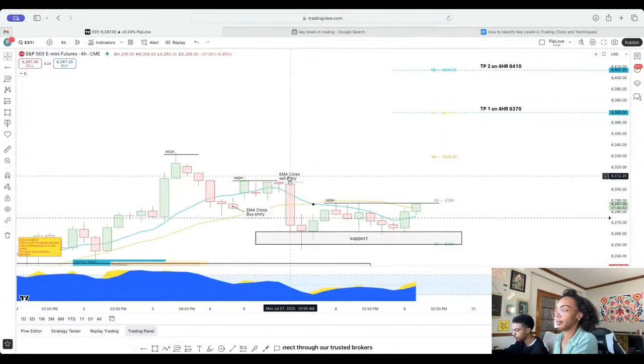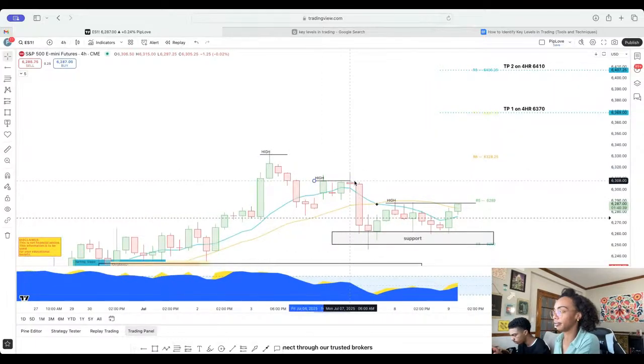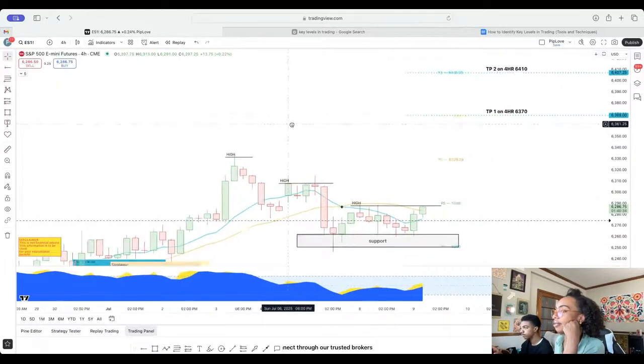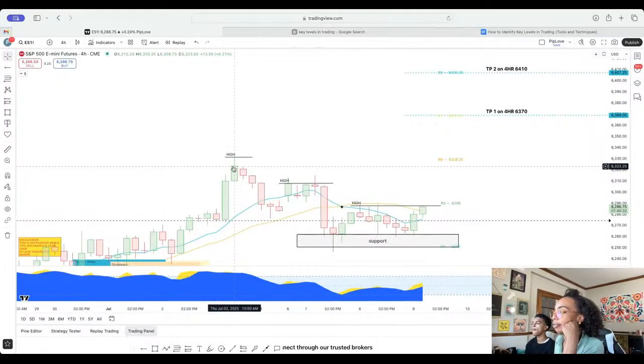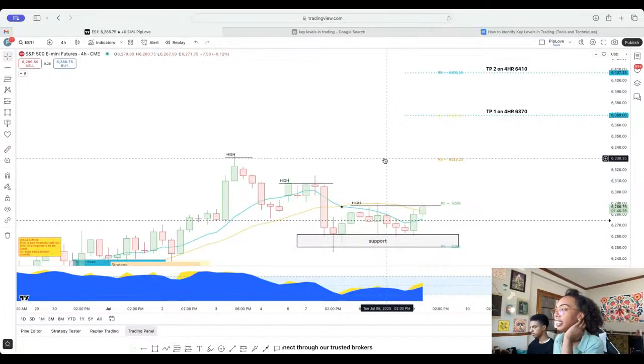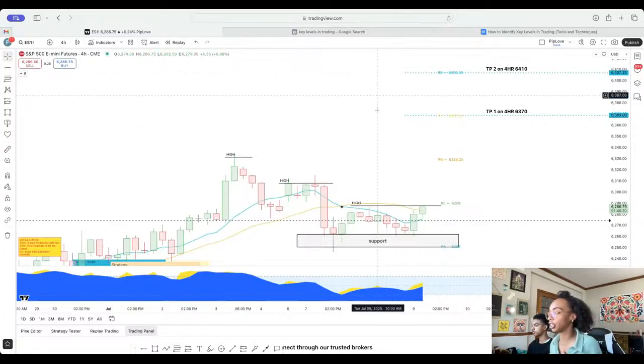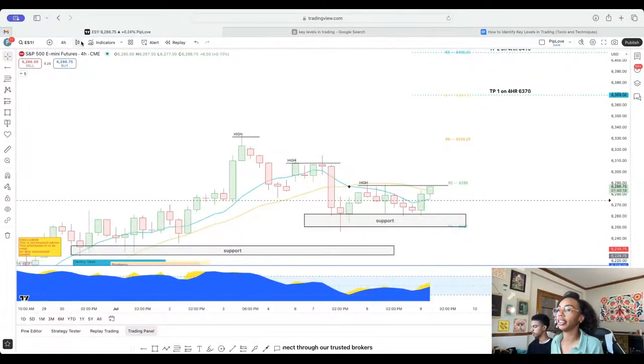Okay, I'm going to erase these. These are just for our markups, just so we can see the market clearly. So we definitely want to see price breaking this previous high to continue on with this buy. It has a couple different price points that it needs to break above just to really show strong market structure. Okay, so we are buying.